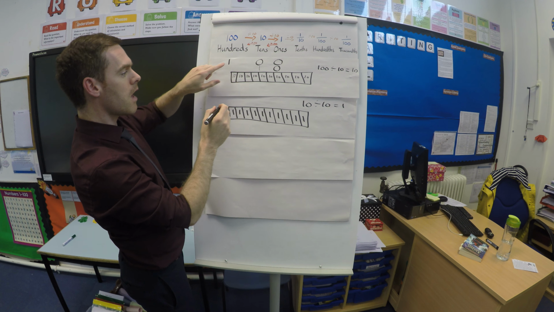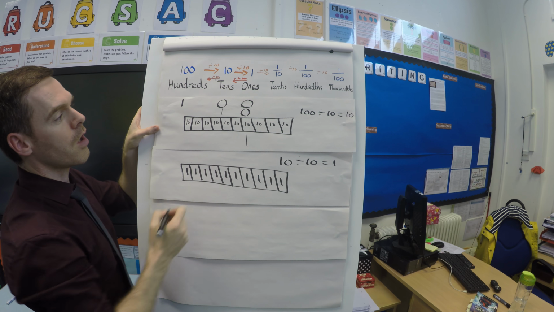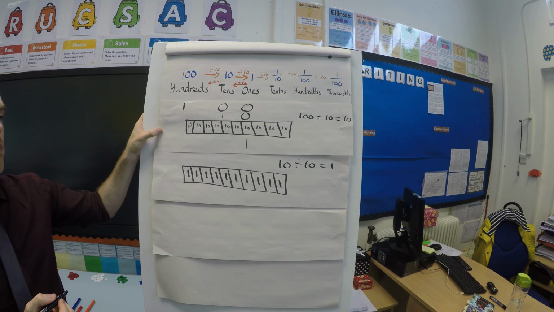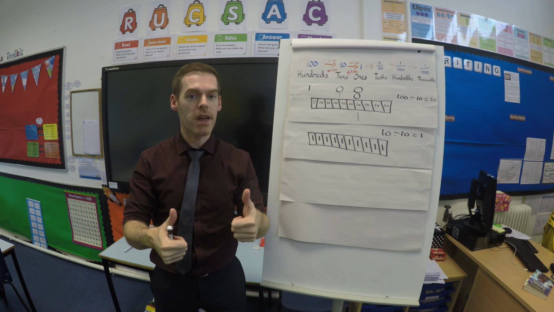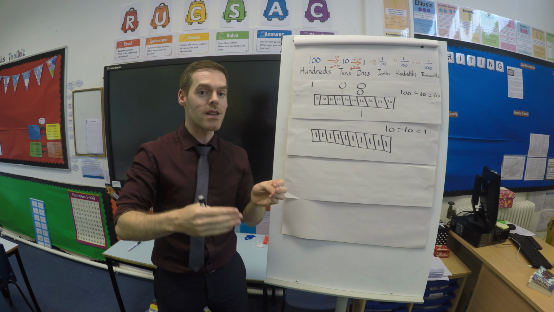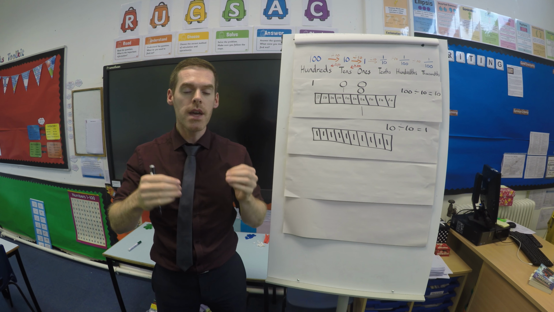Okay? So you can see here that my 10 is now 1 whenever I've divided by 10. Okay? So hopefully, so far, all of that's making sense. But the same thing applies as we go down into decimal numbers. We just got to keep going with the same system.